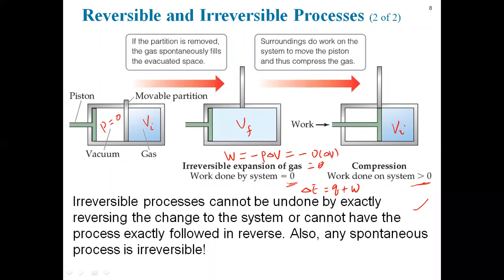All right, so as I said, the reversible process is just a hypothetical ideal process. So we can imagine some of those chemical processes or physical processes, such as gas expansion and compression, as reversible.